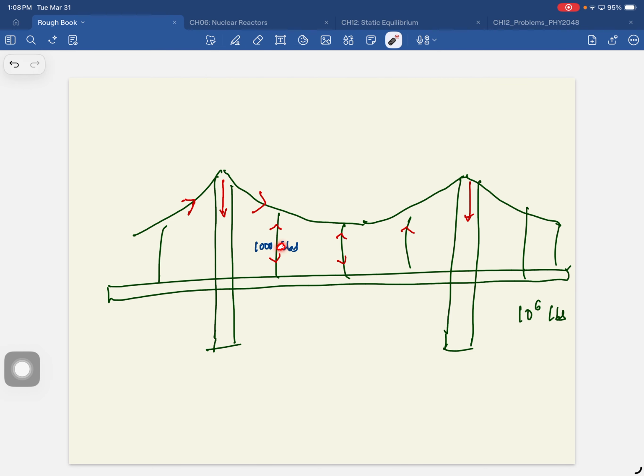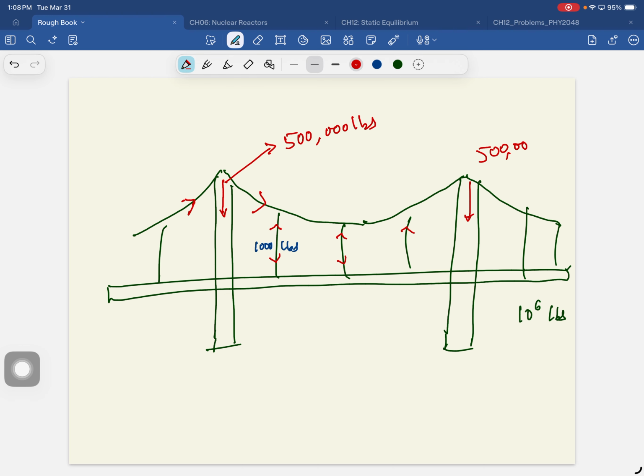This tensile force is 1,000 pounds. How much is this guy? Very good. So that turned into 500,000 pounds. I mean, that has to be 500,000 pounds.